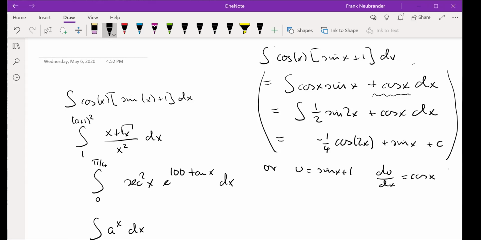And if I plug this in, then star becomes the antiderivative. Cosine of x dx is du, and I have u du, which is 1/2 u squared plus 1.